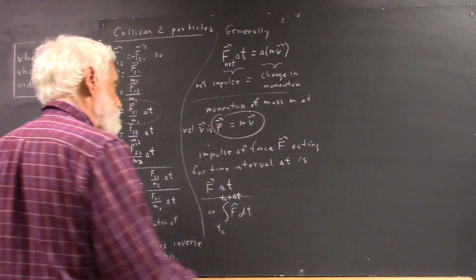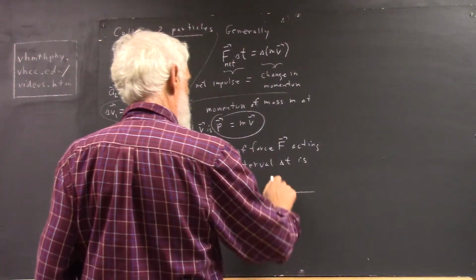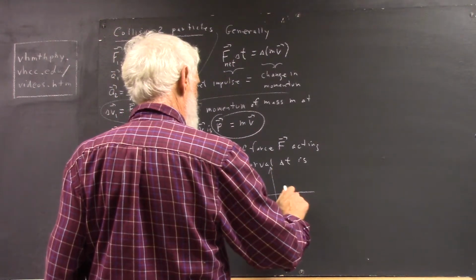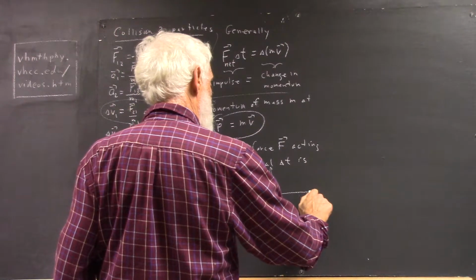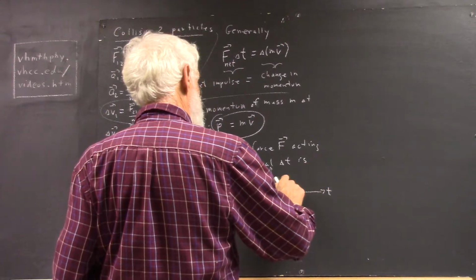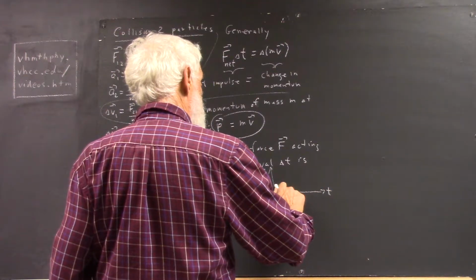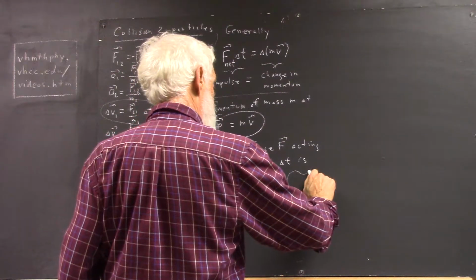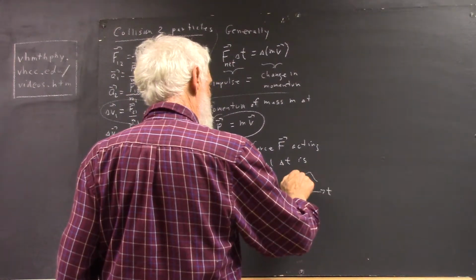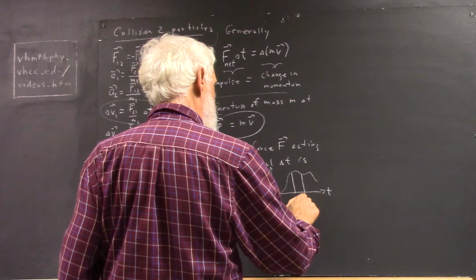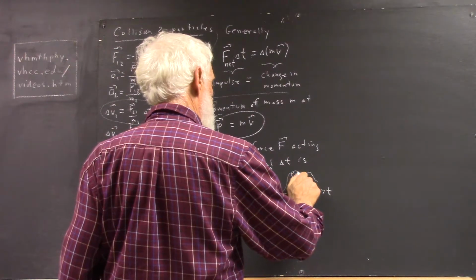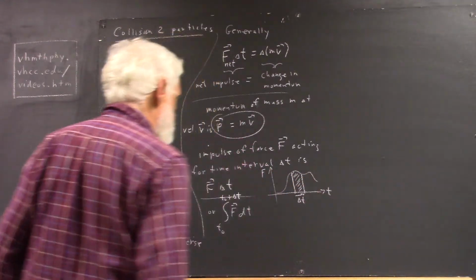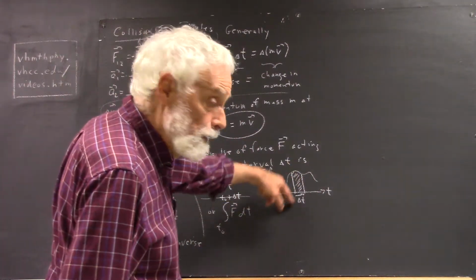Another thing I'll mention here that I didn't mention in class: if you graph force this way and t this way, and your force changes in time, then over any delta t interval, the impulse is the area under the curve.